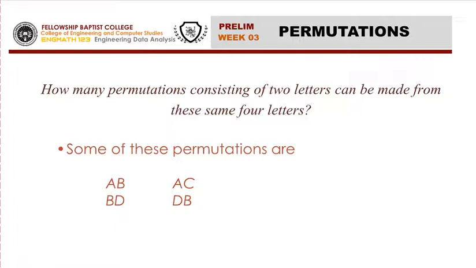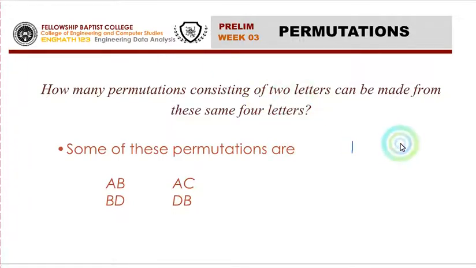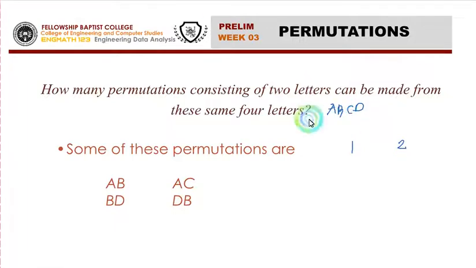Since it says consisting of 2 letters only, we only have 2 possible stages, 1 and 2. For the first placement of a letter, how many choices do we have? Since we have A, B, C, D, the same four letters, we have four possible letter options.